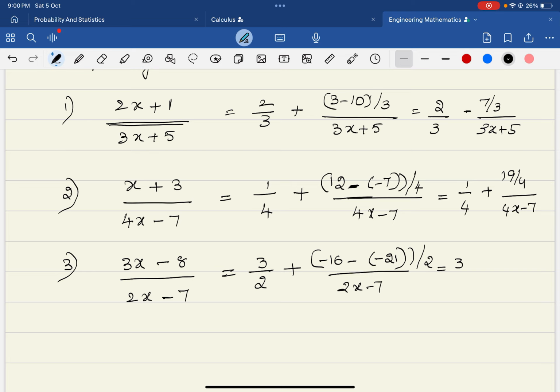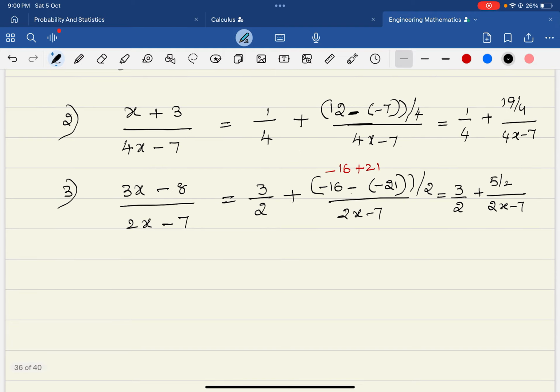So how can we rewrite this as 3 over 2? And this is minus 16 minus of minus, so the value will be minus 16 plus 21. So 21 minus 16 is what? It is 5. So it will be plus 5 over 2 over 2x minus 7. This is the expression.